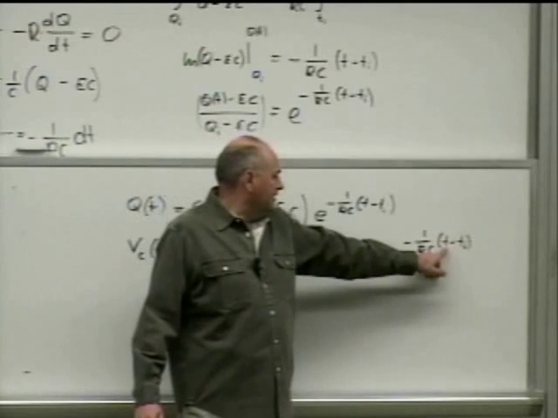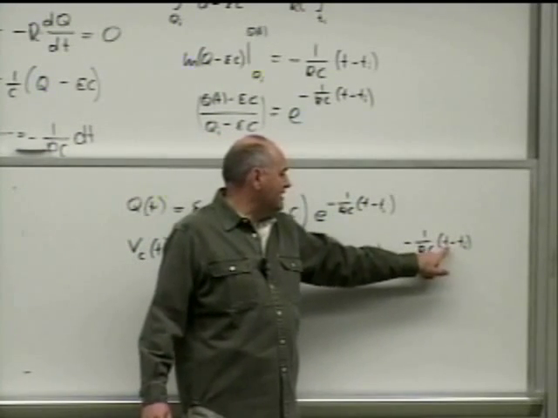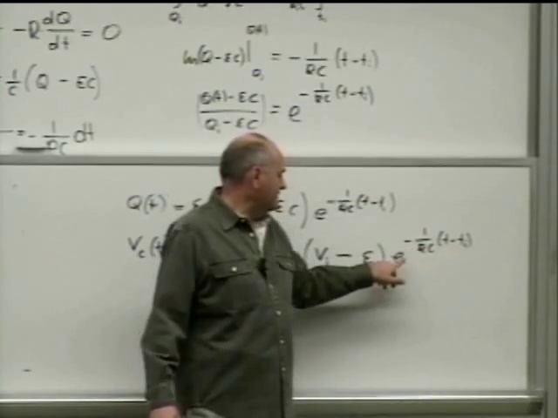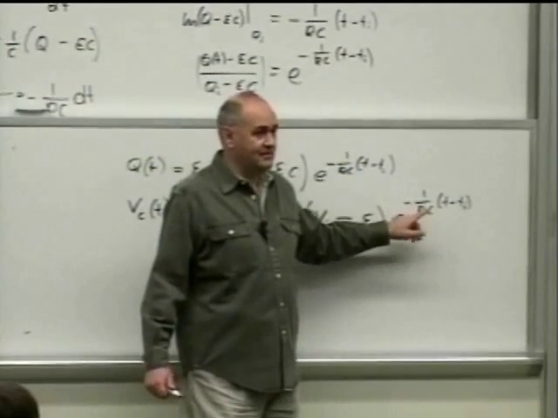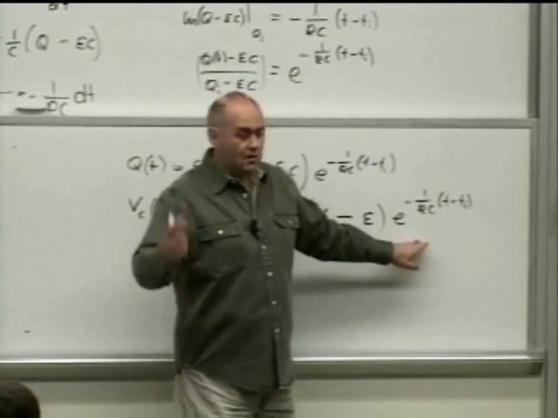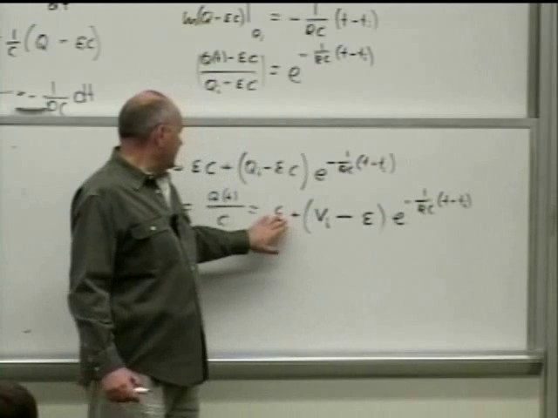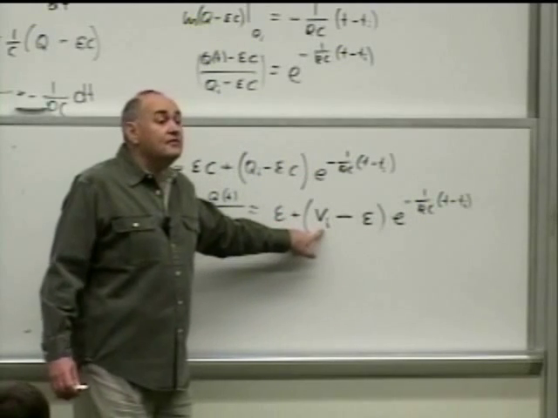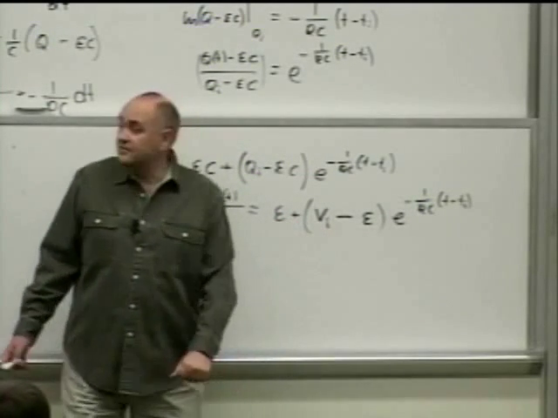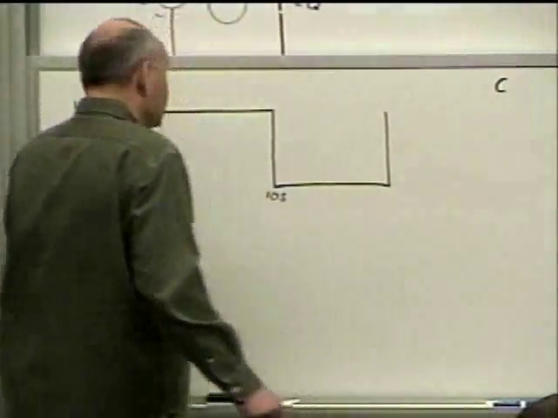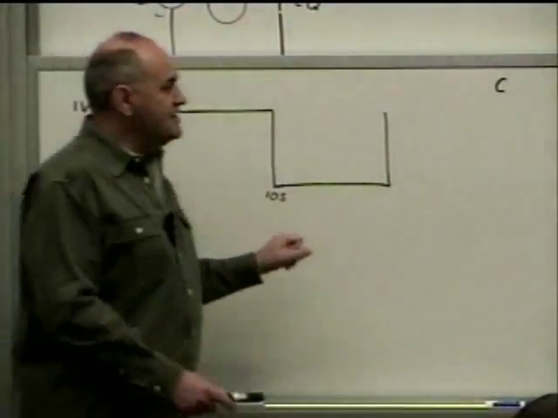So when Ti is 0 and t is 0, I have e to power of 0. How much is e to 0? 1. So this is going to be 1. Now what is the initial voltage on the capacitor at this instant? It's 0.